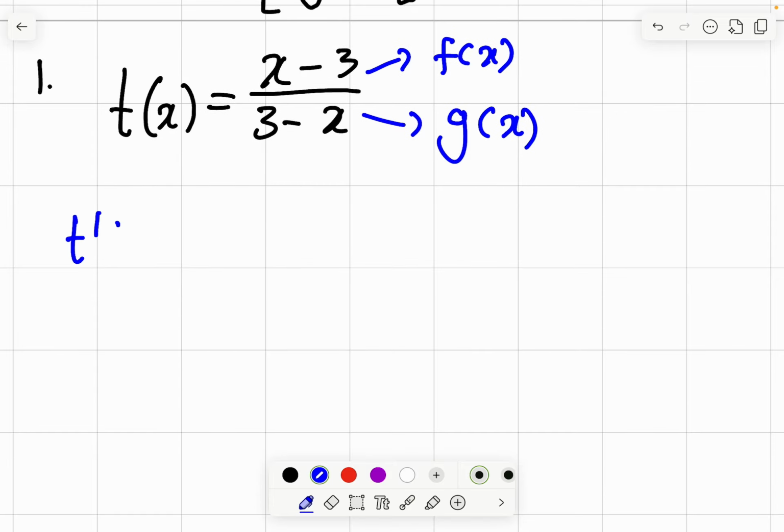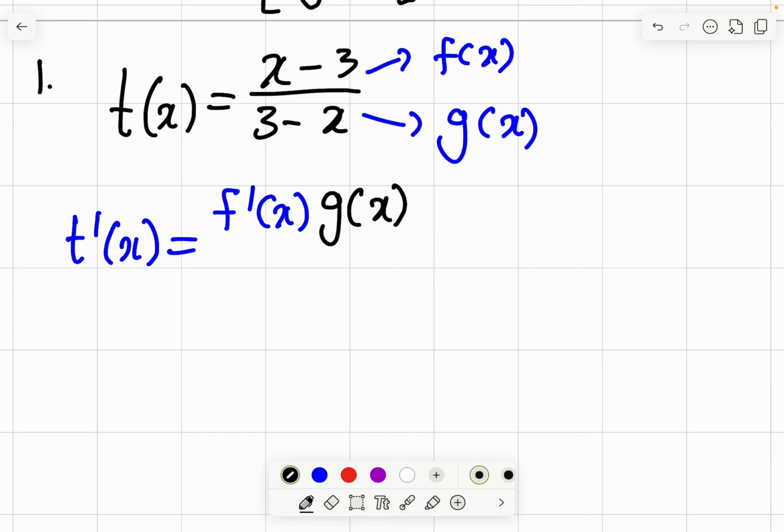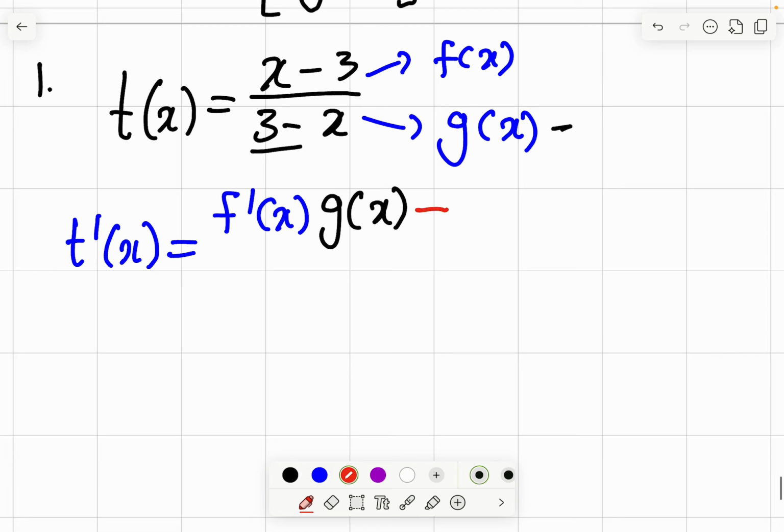It means t prime of x is going to be, we derive the first function, you say f prime of x. Therefore you keep the bottom one, which is g of x, this one here. Then say subtract. When you subtract, you keep the first one.